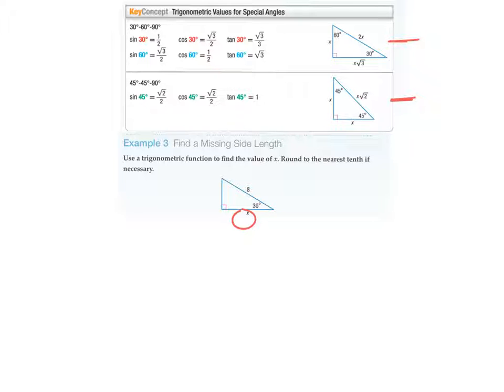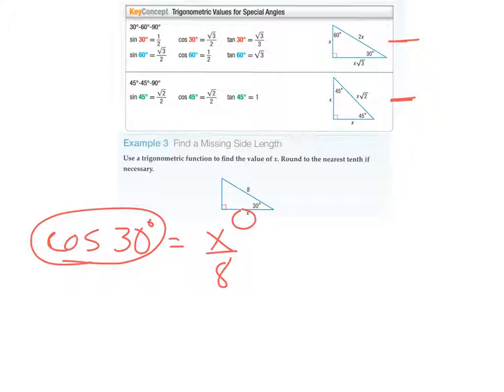So the adjacent is the cosine function, but it's cosine of, now we know what the angle actually is, 30 degrees, and it's x over 8. Now, our special triangles, we know what the value of that is. So if we go up here to cosine 30, we get radical 3 over 2. And I'm getting that from right here. And that equals x over 8.